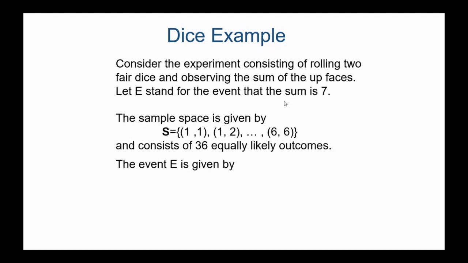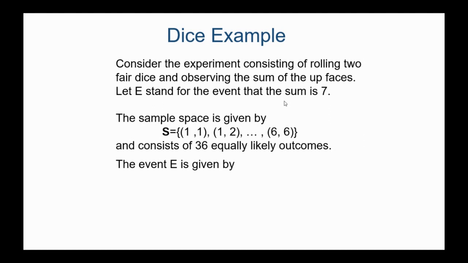So now I want to roll a pair that adds to 7. So what are my different options that add up to give me 7? 1,6, 2,5, 3,4, 4,3, 5,2, and 6,1.